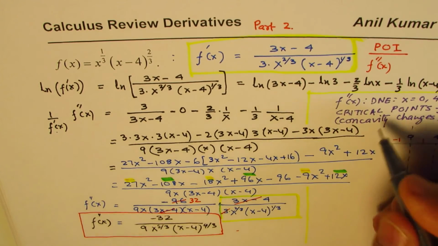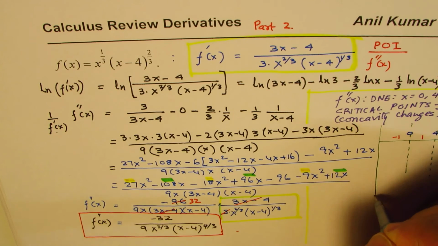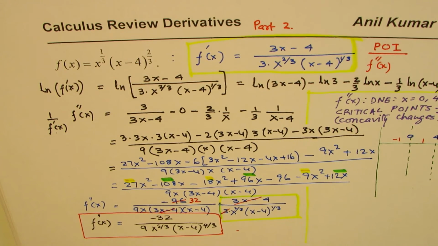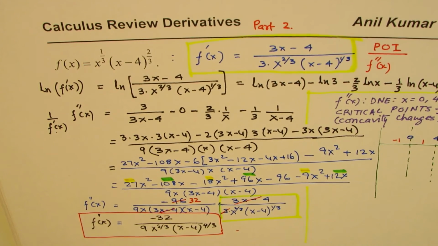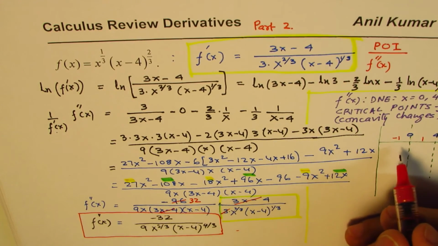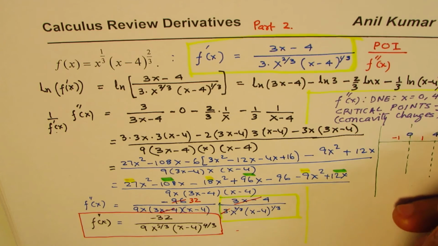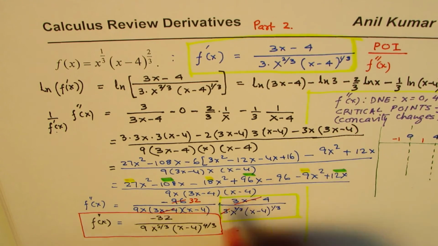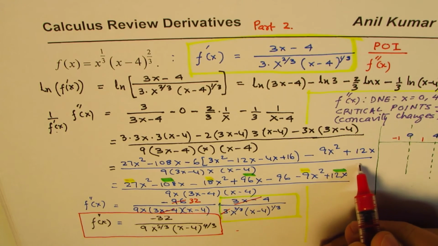Running out of space, that's the only issue. Otherwise, taking up a new page and sketching could have been a better idea, but I think I'll close it here. Okay, so we have this expression. So you see minus 32. So that minus 32, where should I write? So minus 32 is, let's say, minus 32.